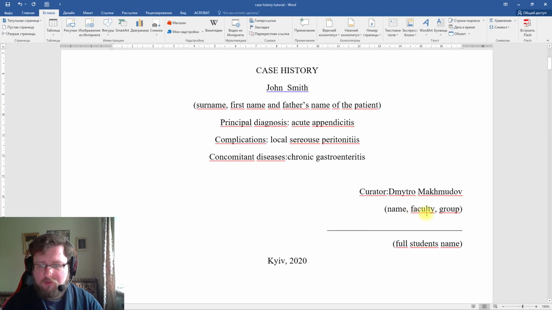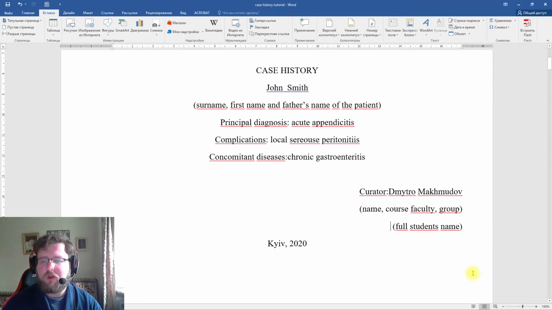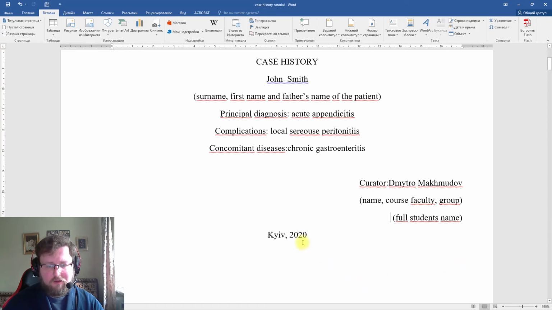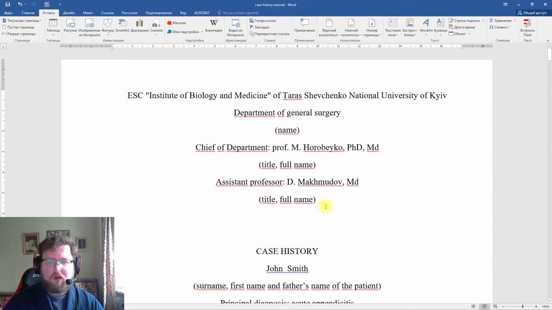Here after the name you write your course. You are a third course student. Then your faculty and the number of your group and the full student name. For example, I write down my own name, Dmitro Makhmudov, and in the end you write Kiev 2020. That's because we are writing this case history in Kiev, and this is the year 2020 when we complete this case history.